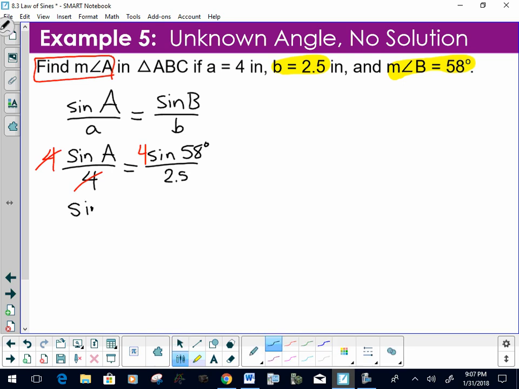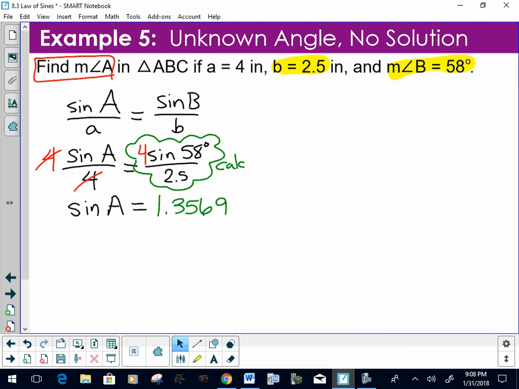And we find that the sine of angle A is, and we can calculate this in our calculator, and the calculator says that it is equal to 1.3569. So again, when we're looking to find an angle, we use the inverse function.